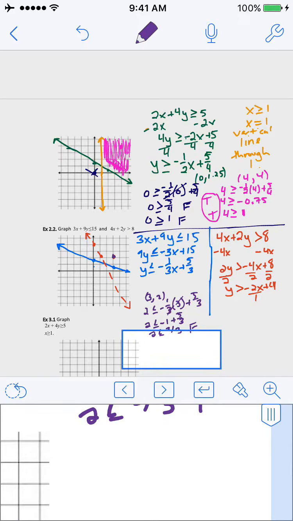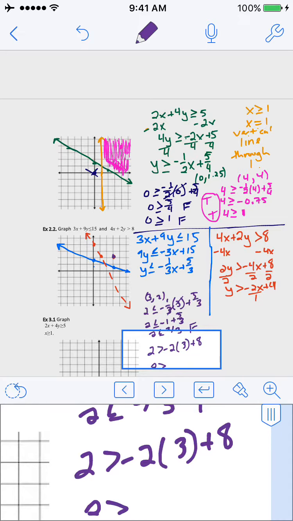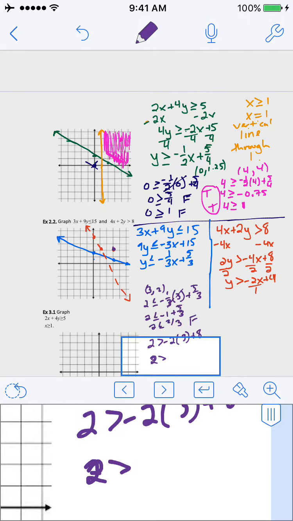So y is 2 still, is greater than negative 2 times 3 plus 8. 2 is greater than negative 6 plus 8, which would be 2.